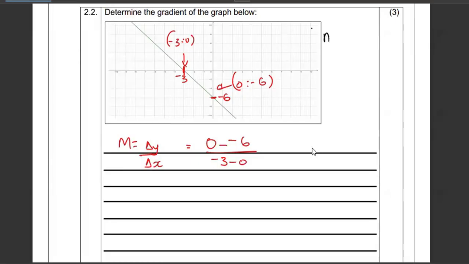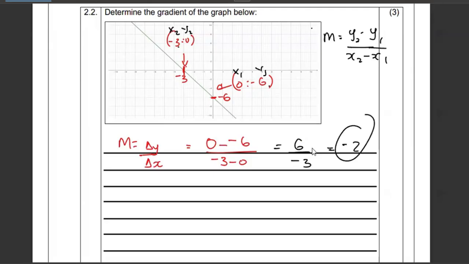Remember, your gradient is like y2 minus y1 over x2 minus x1. So if this is, let's say, our x2, y2, x1, y1. So I'm saying 0 minus -6 over -3 minus 0. So that gives me 6 over -3, and then our answer becomes a -2.